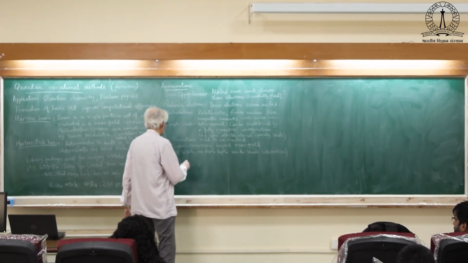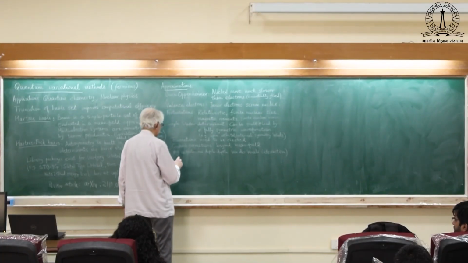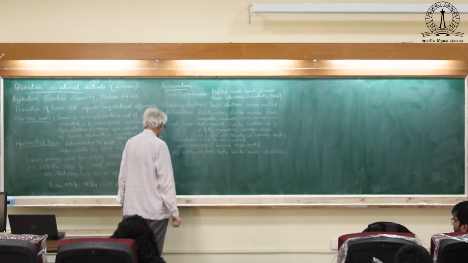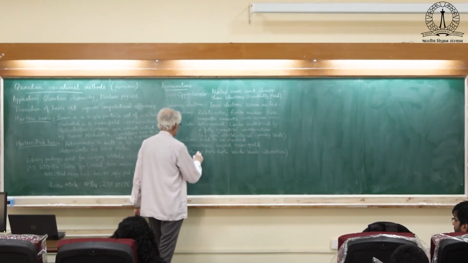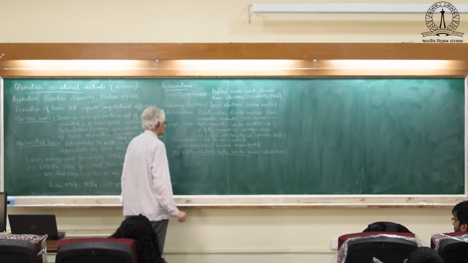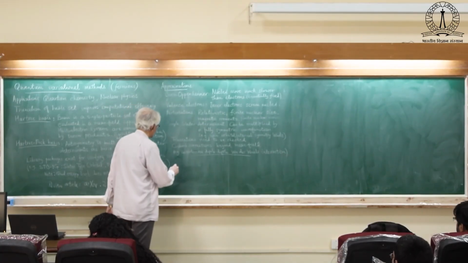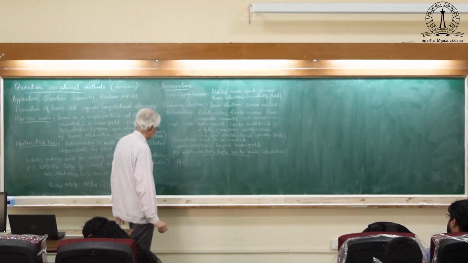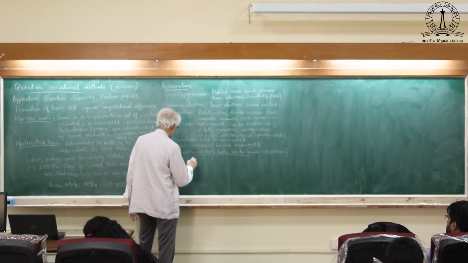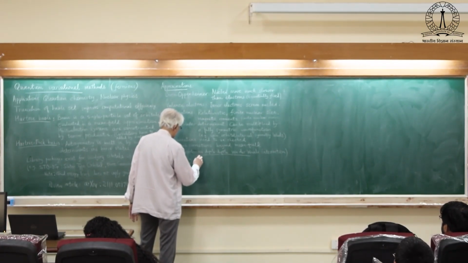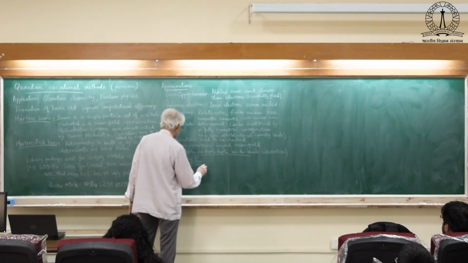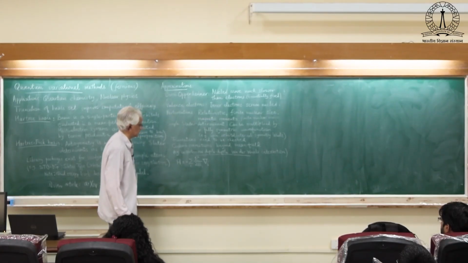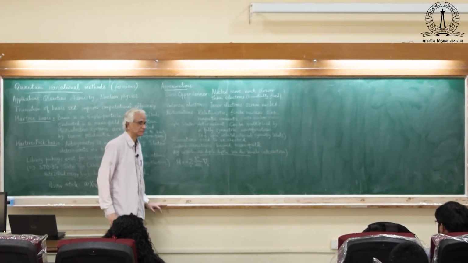Okay. So now I can write down this fundamental Hamiltonian, which we are going to deal with, with all this approximation, and it has 3 parts. One of them is kinetic energy, which is h cross square by 2m times the Laplacian.